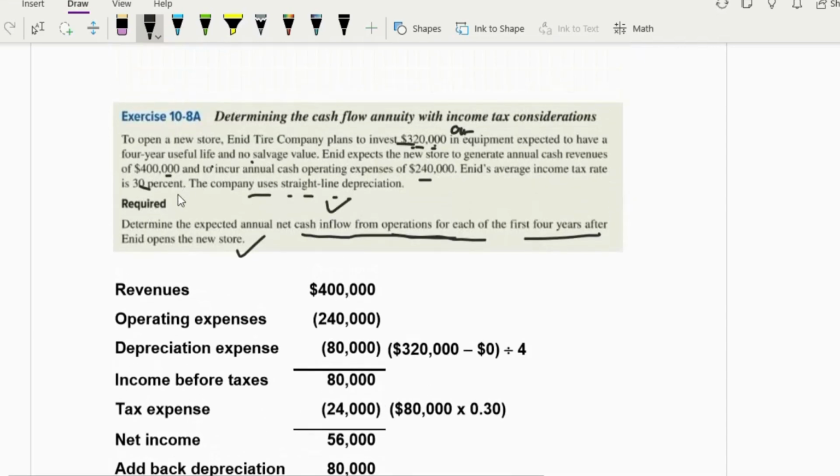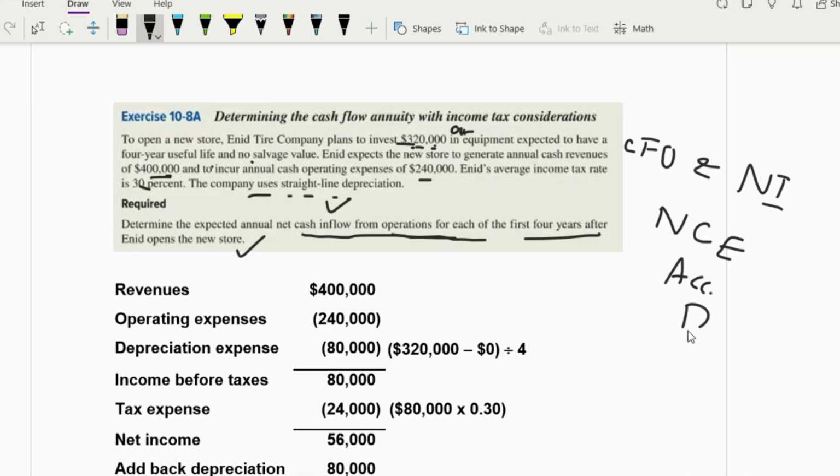So every year the revenue is 400,000, but we know that this is not our inflow. We know that the difference between cash flow from operating activities and net income is non-cash expenses and some accruals and some deferrals. In this scenario we have depreciation, which is a non-cash expense. So we need to convert our net income into cash inflow from operations.